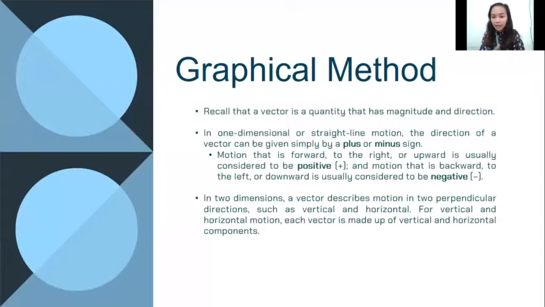On the other hand, if the motion is going backward, going to the left, or going downward, it is considered as negative. While in two dimensions, a vector describes motion in two perpendicular directions, such as vertical and horizontal. So for vertical and horizontal motion, each vector is made up of what we call vertical and horizontal components.